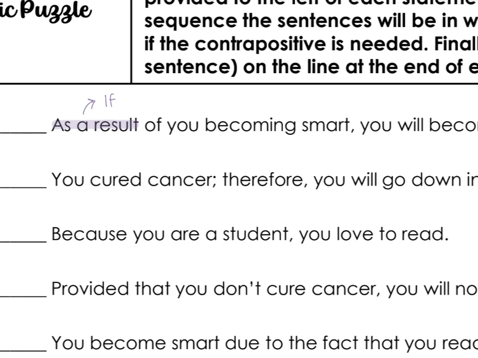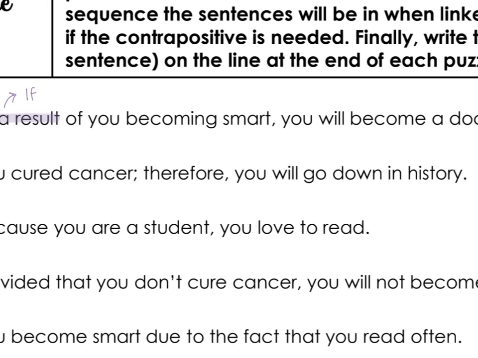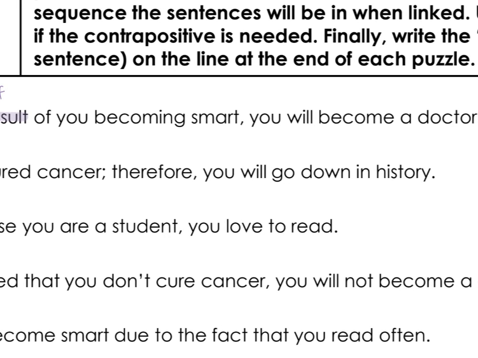Okay, then in the next sentence, we have you cured cancer, therefore you will go down in history. Okay, so in this sentence here, our key word is going to be the therefore, and that's telling me that that is going to be a then.